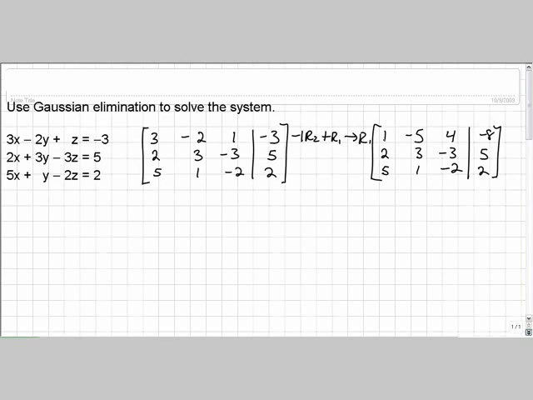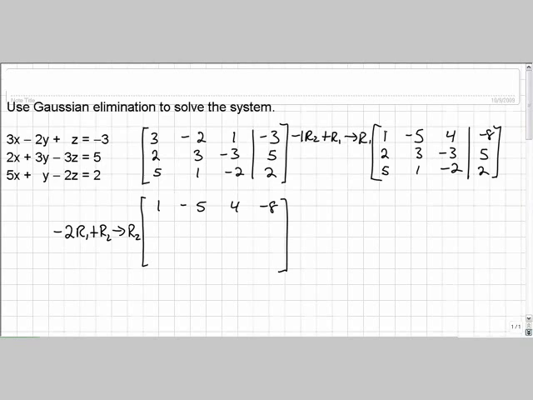All right, so the reason for doing that is because now I can easily get the zeros below that 1, which is what I want for my row echelon form. I'm going to leave the first row alone, multiply the first row by -2, add it to the second row, and replace the second row with this.